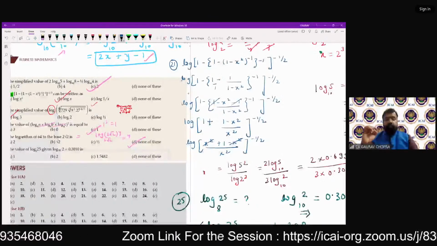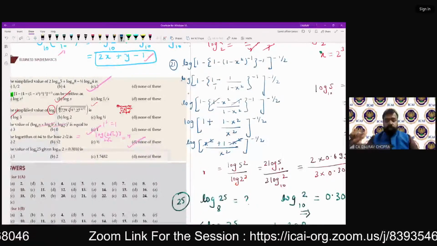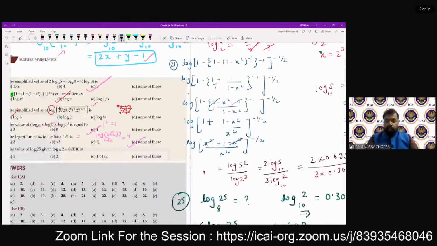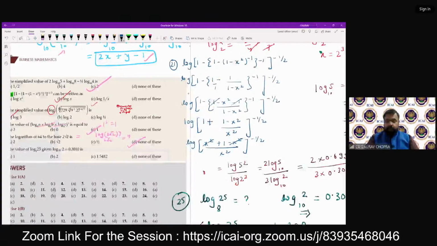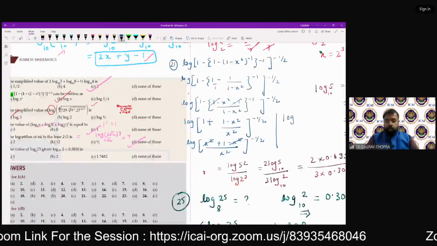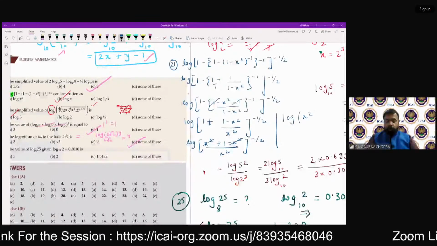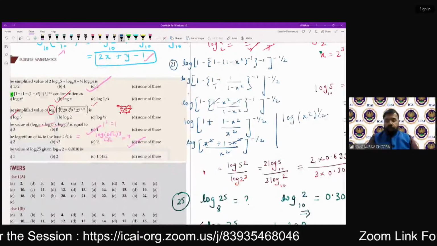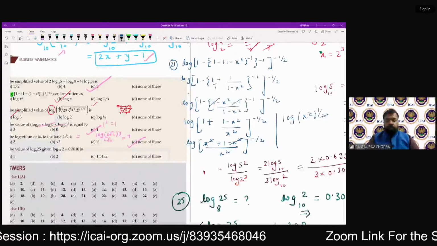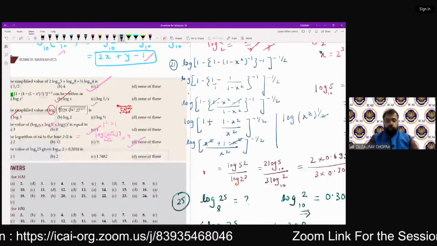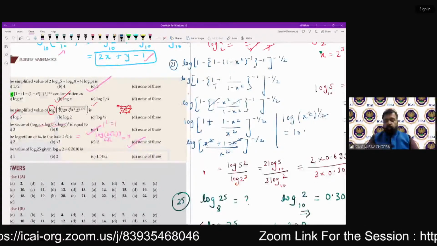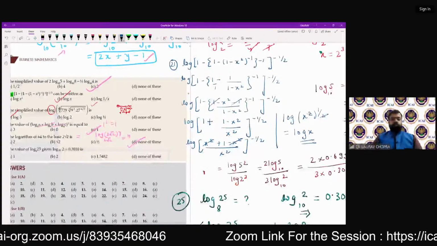So again पावर नेगेटिव है, तो फिर से क्या हो जाएगा, रेसिप्रोकल, so you will write log of x square to the power of half. Now this power 2 and half will get cancelled, so what is the result, log of x is the result.